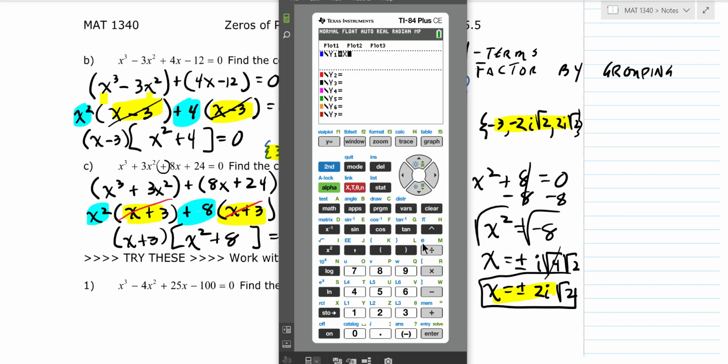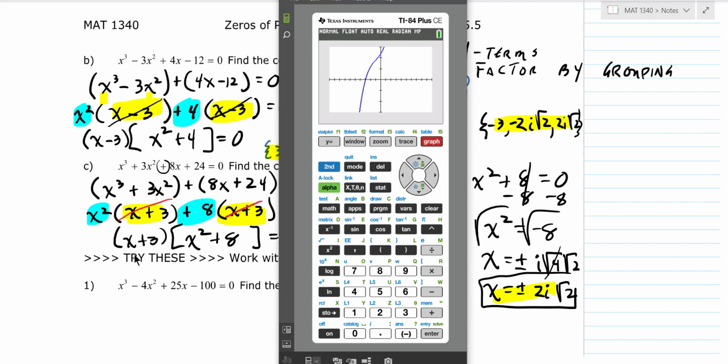You're going to type x to the third, then come down out of that exponent, plus 3x to the second, plus 8x, and finally plus 24. If we put this in, the polynomial is going to have only one x-intercept.